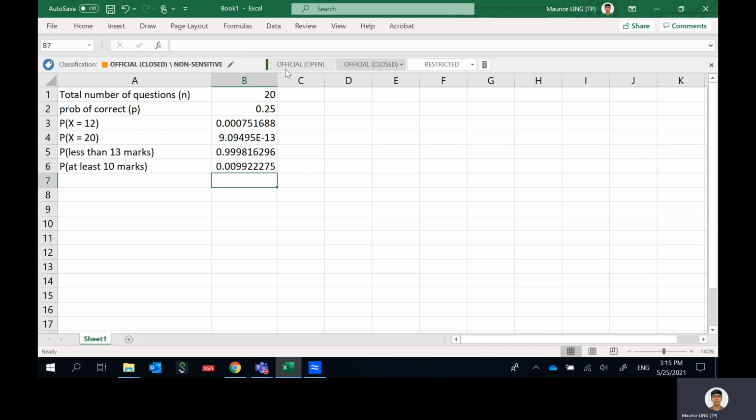It's actually about 1% chance, 0.099. So I just changed the first value to 10. 10, 20, 0.25, false. So I accumulate it.